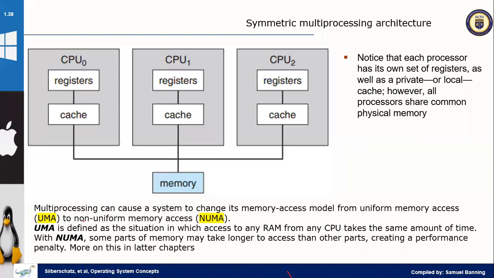The UMA is the uniform memory access, and the NUMA is non-uniform memory access. That is, if you look at these 3 multiprocessors, look at the distance from CPU 0 to the memory and the distance from CPU 2 to the memory. Compare it to the distance from CPU 1.